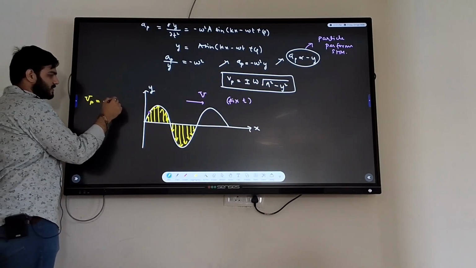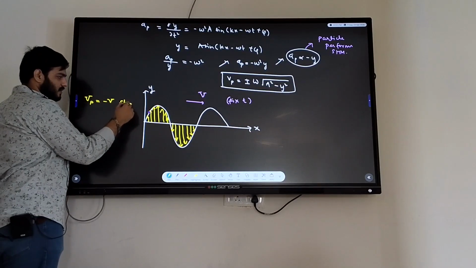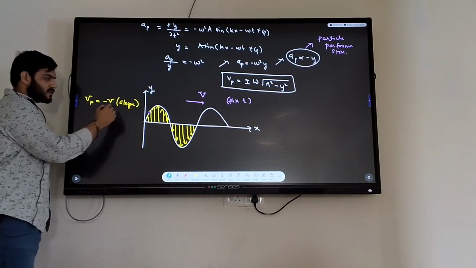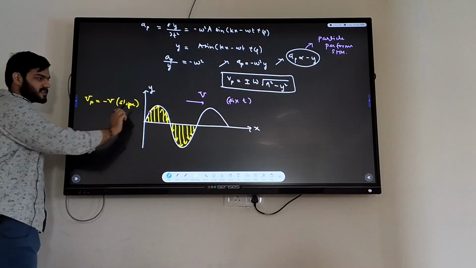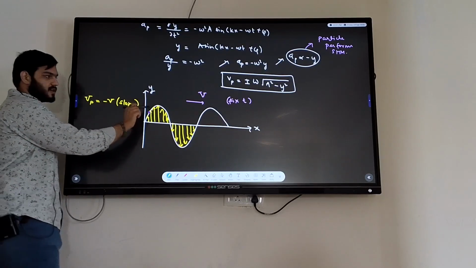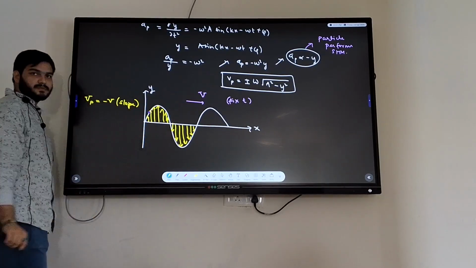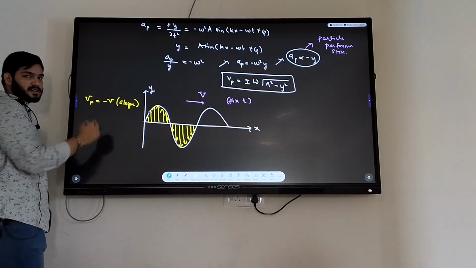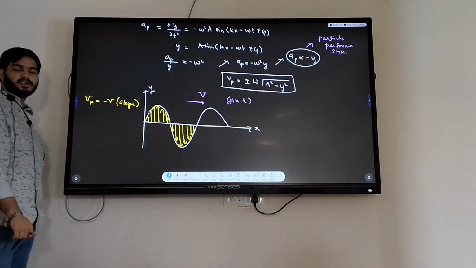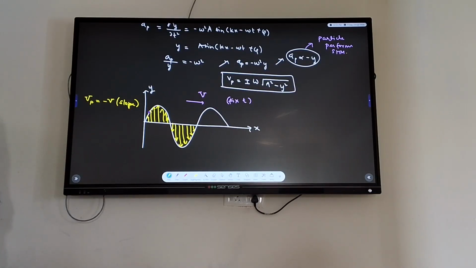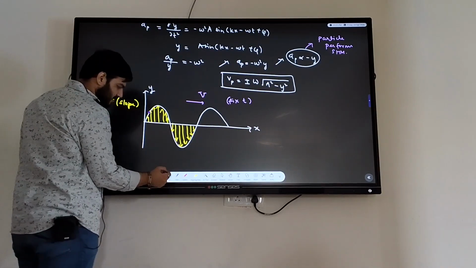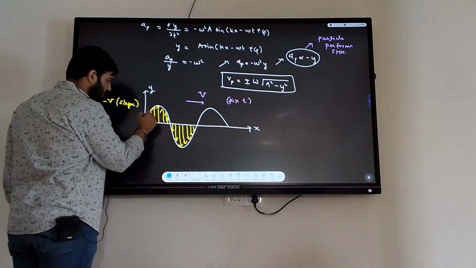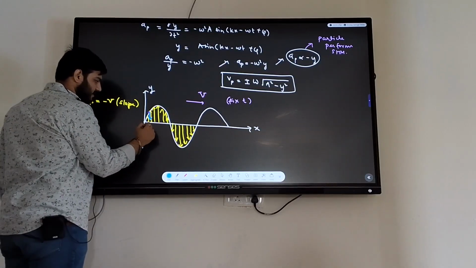Minus V times slope of the y versus x graph. The slope here is positive, V is positive, so positive into positive, and then there is a negative. So where should the VP be? Up or down? Down. So it should be here somewhere. This is my VP direction.